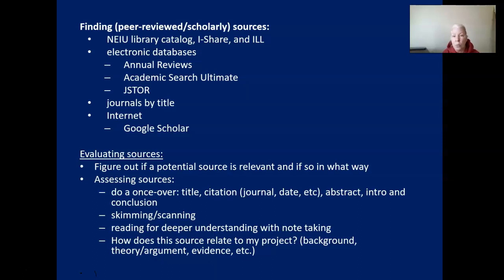So when I talk about a once-over, as I describe here on the slide, here's what I mean. You're going to read the title, of course, right? There's a certain amount of information just in the title of the thing. The citation, so you want to know, okay, what journal did this come from? What's the date, right? If it's from 1975, it probably isn't very relevant. And then many journal articles will have an abstract, and books will have some kind of summary in the item in the catalog, right?